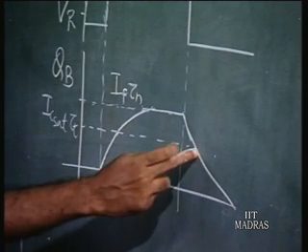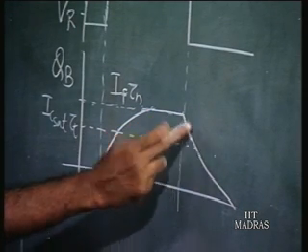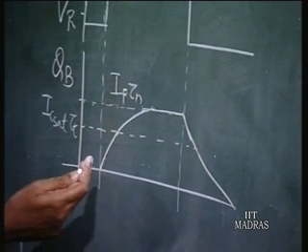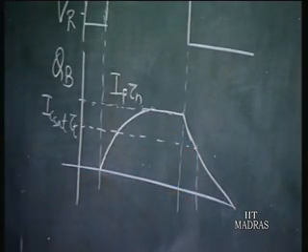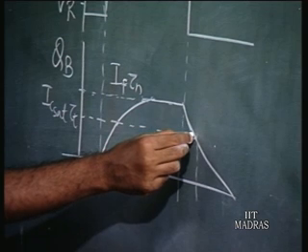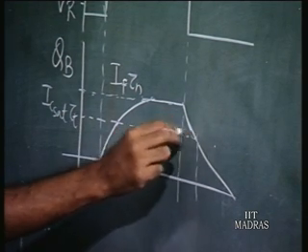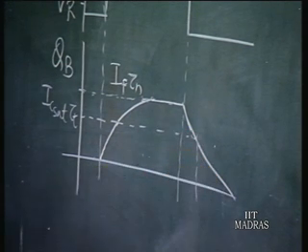Up to this point, from here to here, although you have applied a reverse voltage, the transistor will remain in saturation, because the charge is greater than what is required for the transistor to be in saturation. So up to this point the transistor remains in saturation, and after that the current starts to fall, and finally it is going to go to 0.